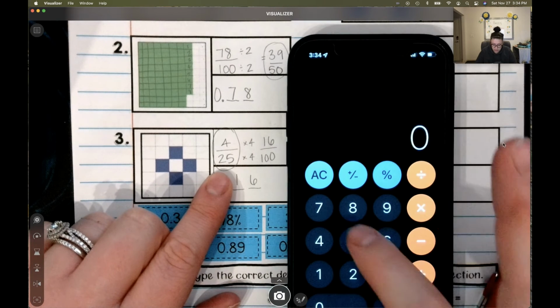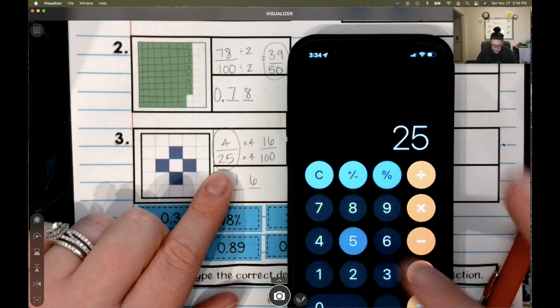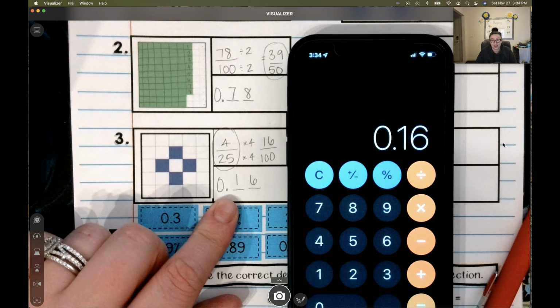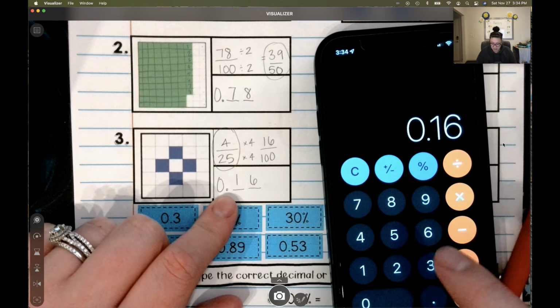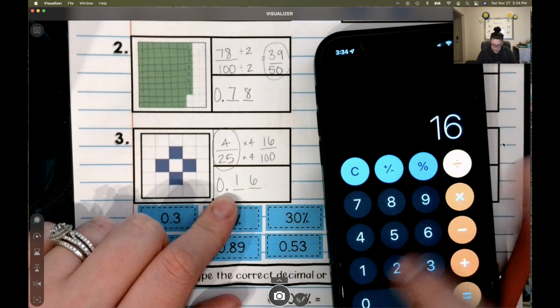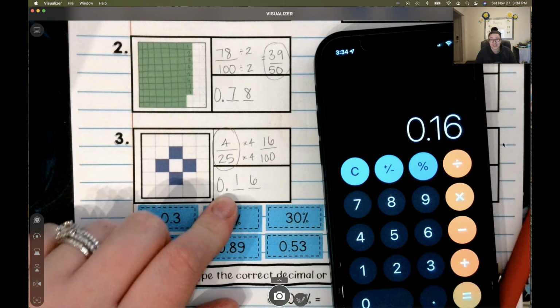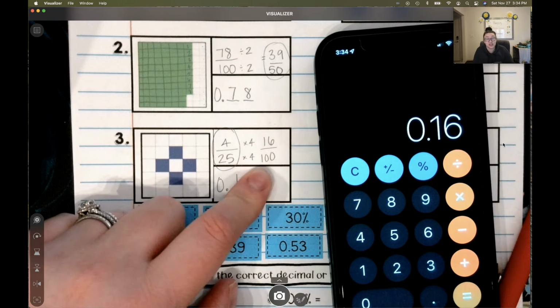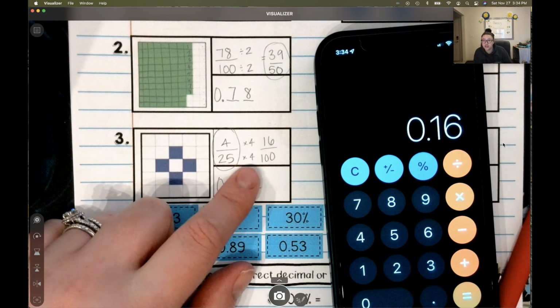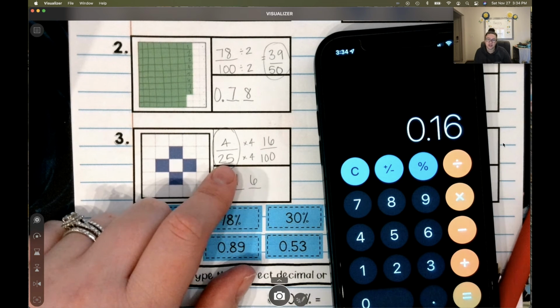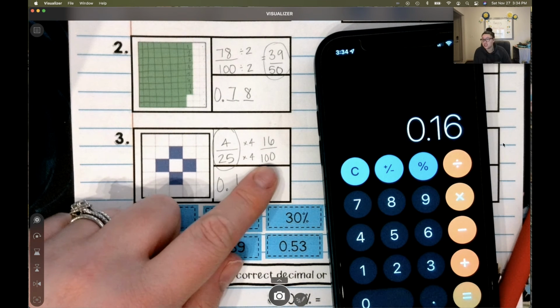If I do 4 divided by 25, I still get 0.16. Just the same if I were to do 16 divided by 100, I get 0.16. So this works to get to 100 or to get to 10 as long as you can multiply pretty easily to get there.